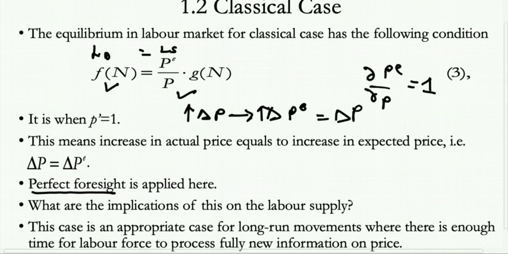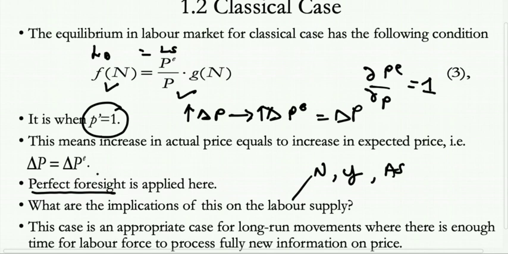Here we also want to see the implications of this kind of expectation towards the actual price, the full perfect adaptation. What's the implication on labor supply? What's the implication in the labor market on employment? What happens to output? And then what happens to aggregate supply of output?